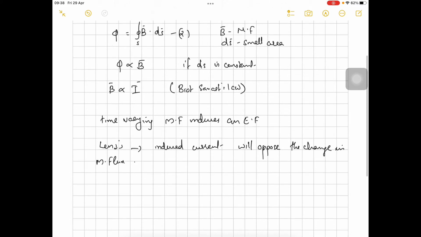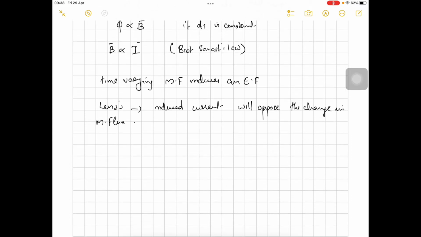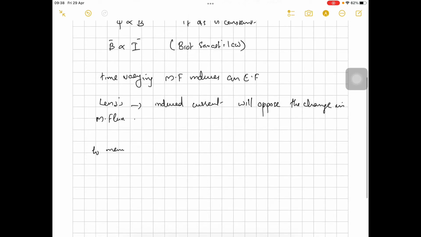To maintain the current flow, work is to be done by an external voltage source, and this must be against the induced electric field.